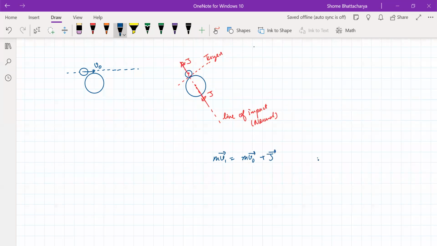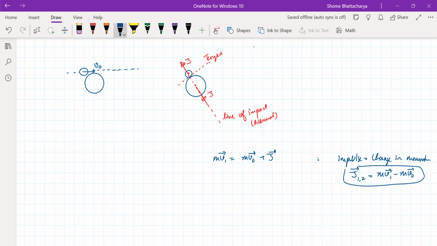This is the concept that impulse is equal to change in momentum. So the impulse acting on particle 1 because of 2 is equal to the final momentum minus the initial momentum. We've expressed it like this over here.